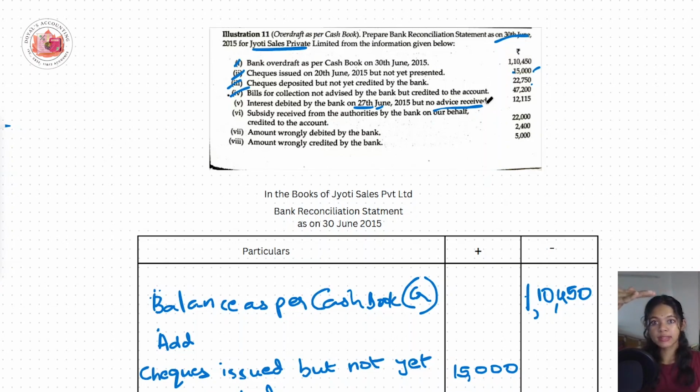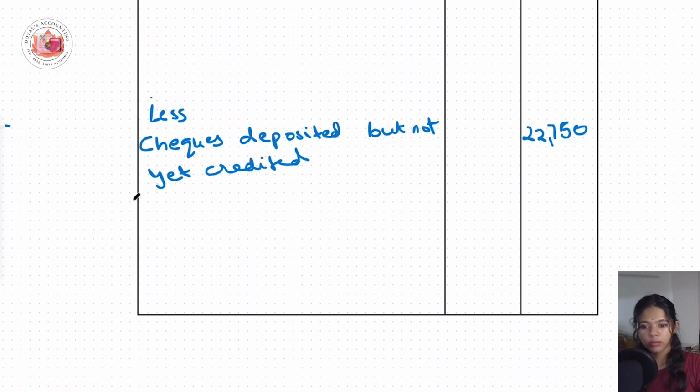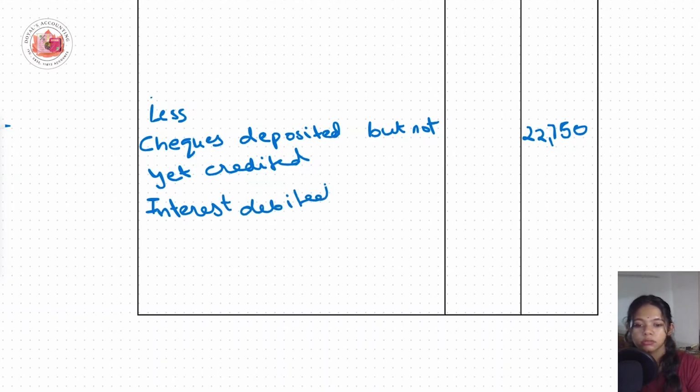I will have to reduce my cash book balance. 12,115, interest debited not recorded in cash book.